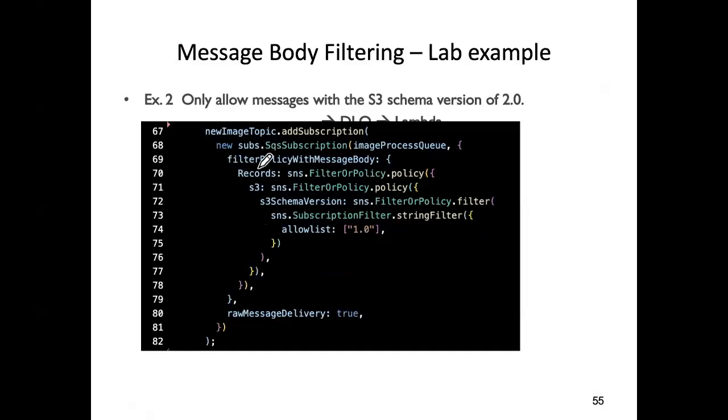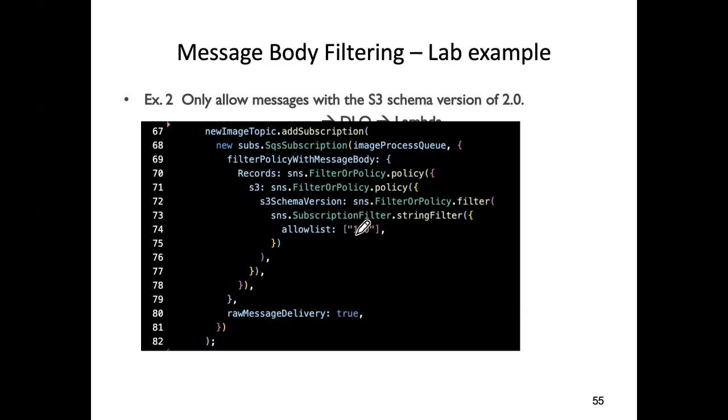Again, starting at the top of the body structure, records, look for S3, then look for S3 schema within the S3 object, and then we specify our string filter. In this case, we have an allow list rather than a match prefix. Match prefix would work as well, actually.